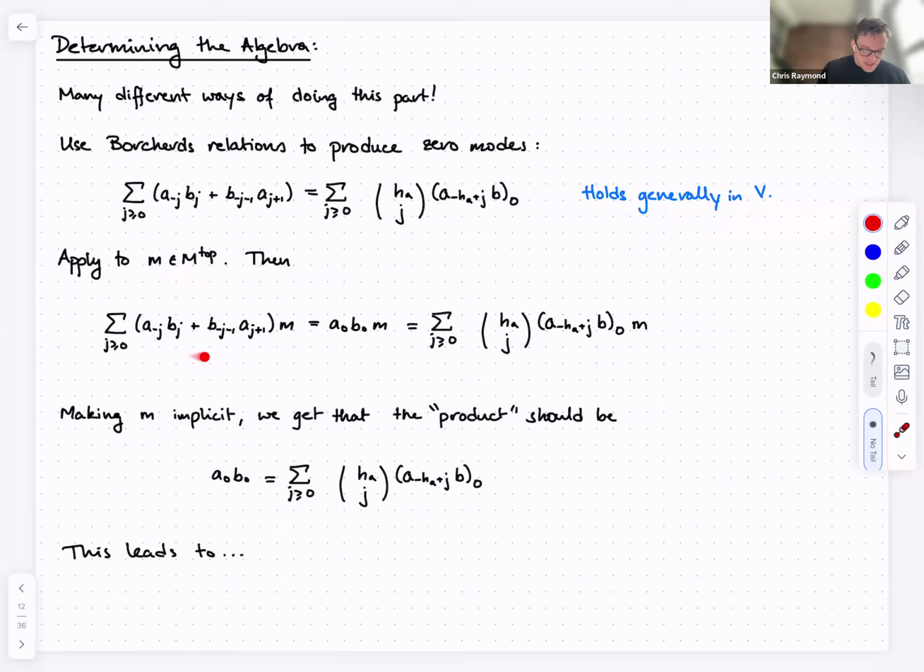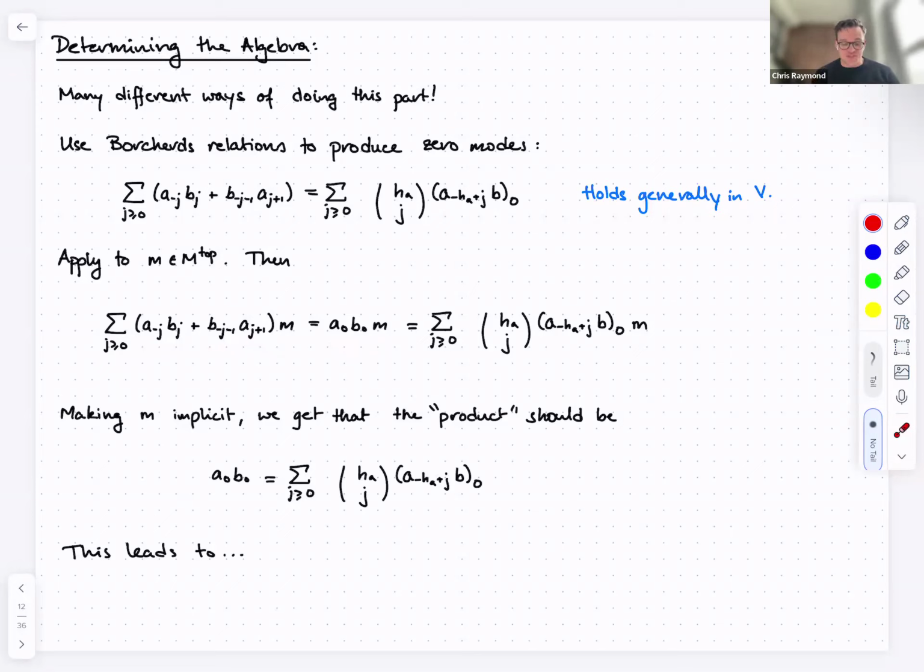Now I take this big ugly expression and recall that if M lives in my top space, then any of my positive modes, any one of these endomorphisms that has an index that's a strictly positive integer, is going to annihilate that vector. So this massively truncates this huge sum down to just the term that comes from j equals 0, right? The other terms contribute 0 for every single one of my j's, and just one of these will survive.